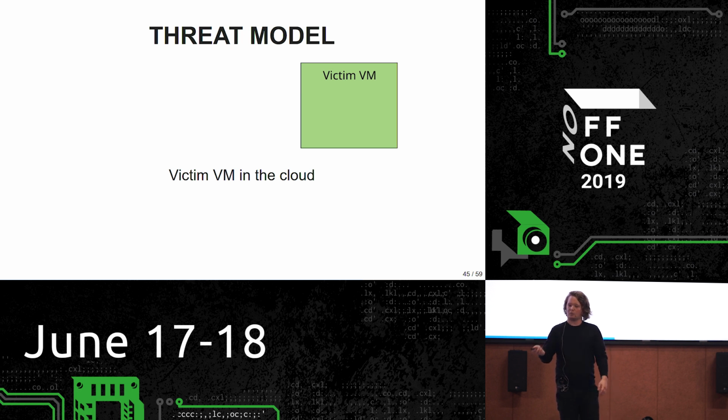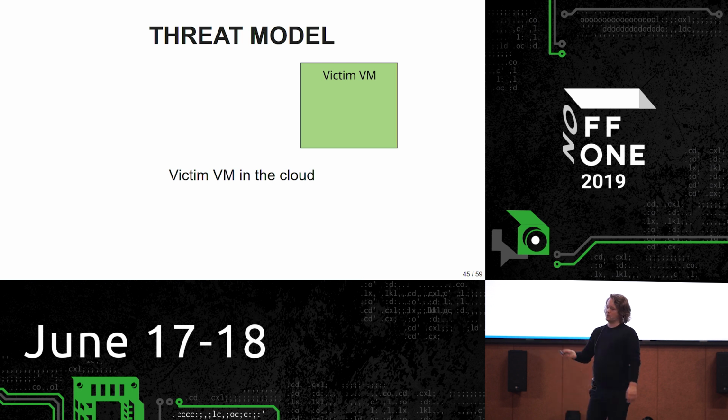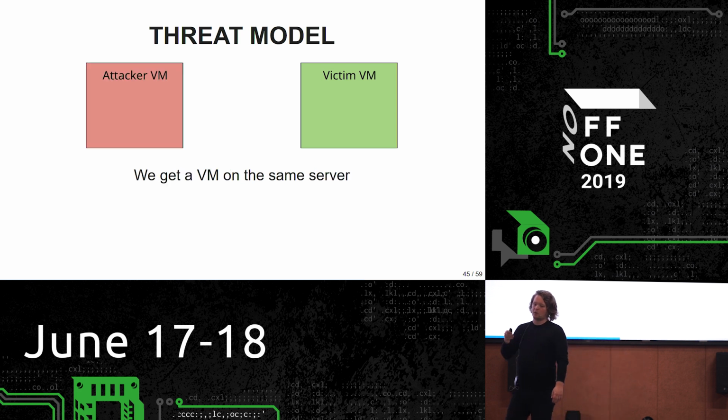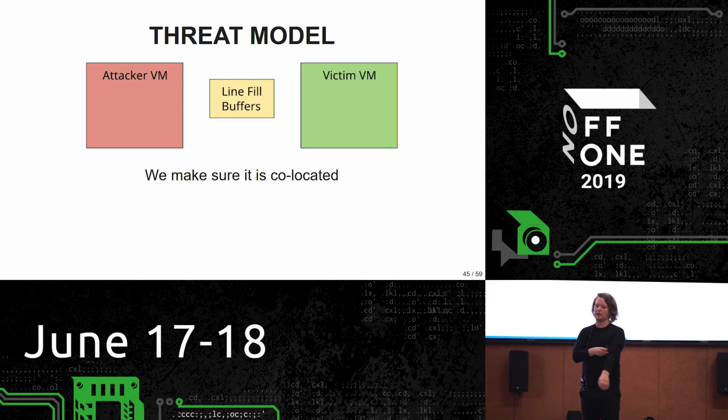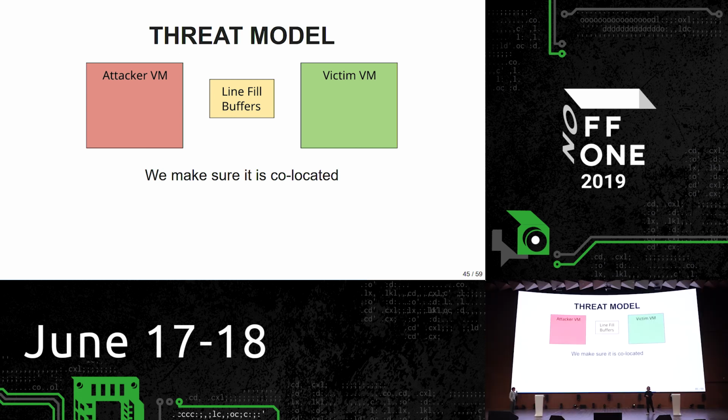So in this attack, we have a victim VM in the cloud, and we make sure that our attacker VM is co-located with this victim VM so that they actually share the line fill buffer. So typically, cloud providers give you shared hyperthreads with others. Nowadays, there's some mitigation in place for this, but some cloud providers still do this. Typically, normal VMs run SSH servers, right?